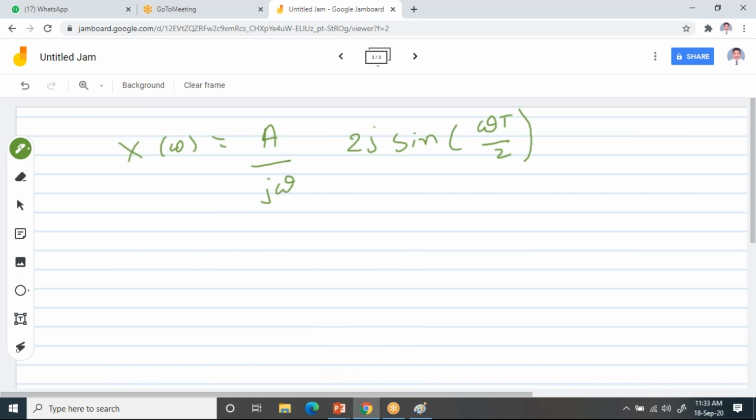Now please try to understand this part. You can rearrange it. How you can rearrange this is, you cancel this j and j, then you take this one. Can I write it like this? Please observe it. Can I write it like this?